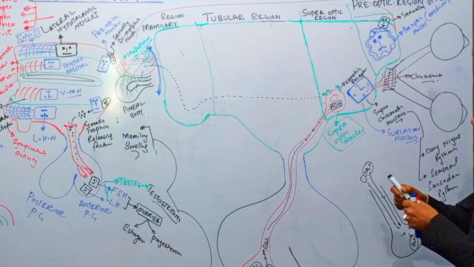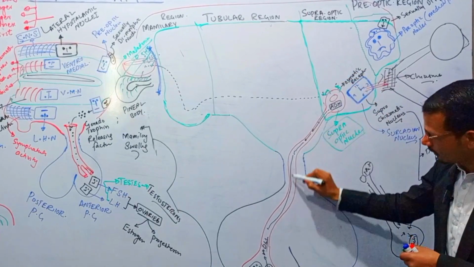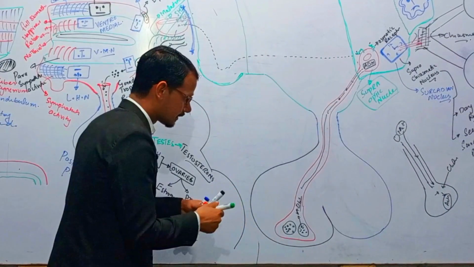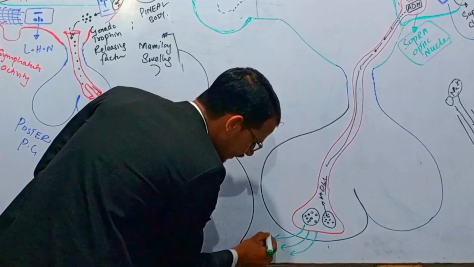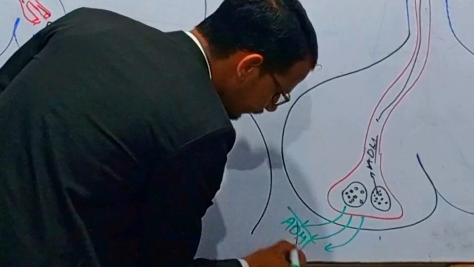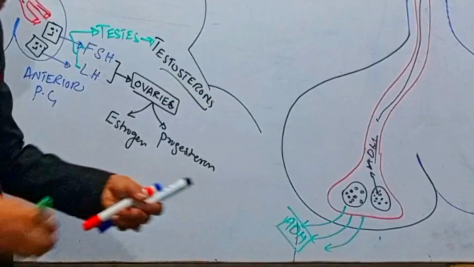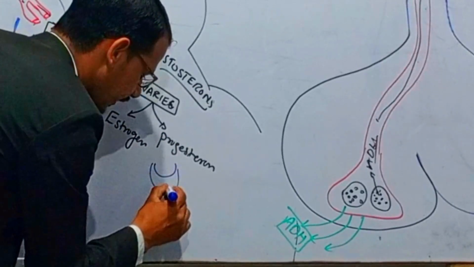By that, these receptors are activated and give an action potential to this terminal. In response to these signals, it releases ADH into here, right? And this ADH acts on nephrons. What is a nephron?